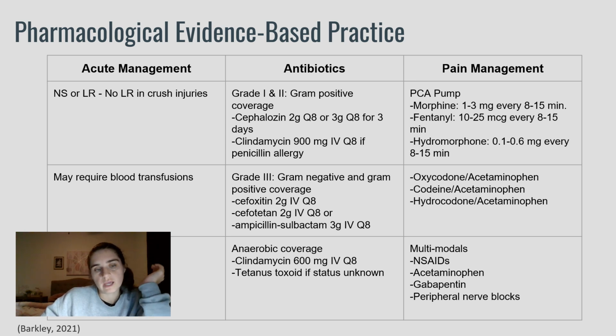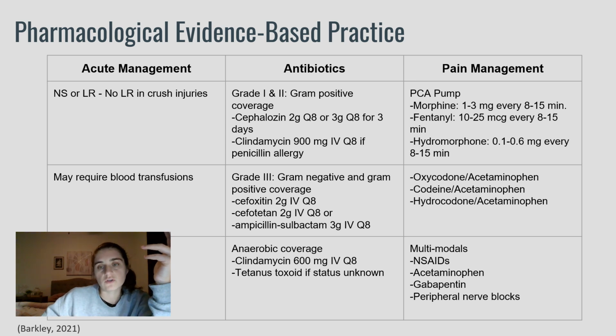So for mild pain, you can use 5 milligrams of oxycodone to 325 milligrams of acetaminophen. And if the patient has moderate to severe pain, then you can increase it to 7.5 milligrams of oxycodone and 500 milligrams of Tylenol.